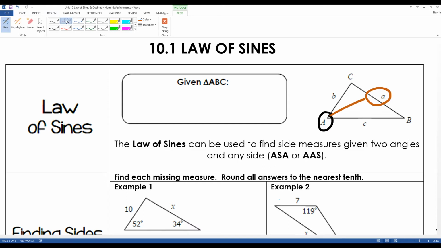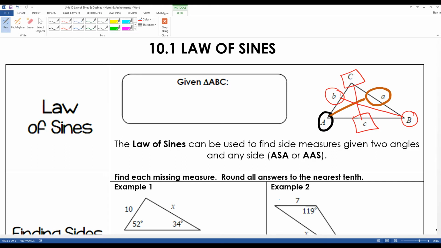Just use red. Angle B, which is capitalized, matches up with the side straight across from it, and C with the side opposite, lowercase c. So angles are capitalized, and the sides opposite those angles are lowercase.